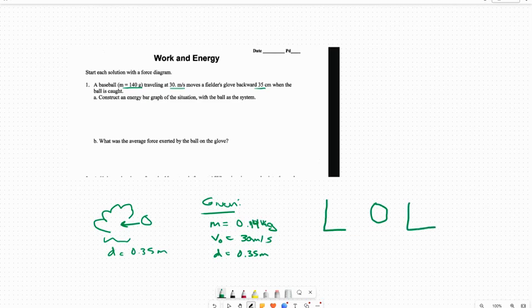LOL is going to be all of our energies inside of here so we can actually make some sense out of this. This says nothing about the ball falling, and nothing about a spring. So I'm looking at this and saying, we just have EK, kinetic energy, at the beginning.